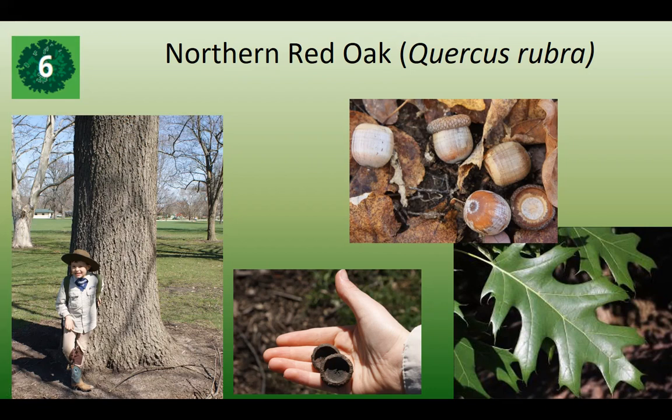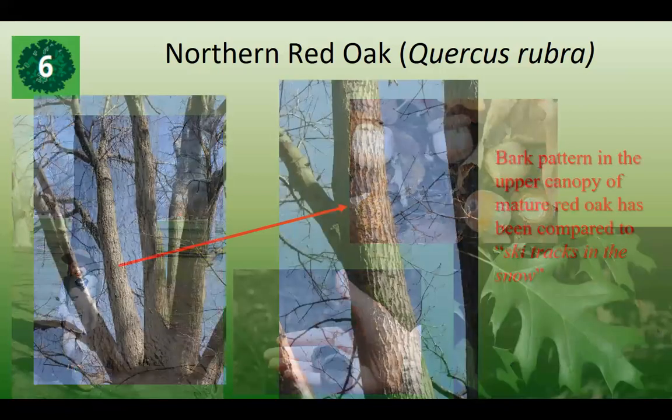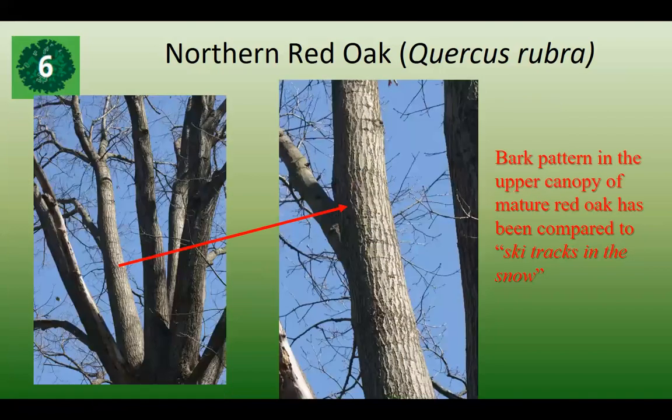If you can't see them very well down at the bottom there, they usually show up really well if you look up higher. And here's an example of that, looking up to the upper reaches of the northern red oak, and you see those ski trails really clearly.